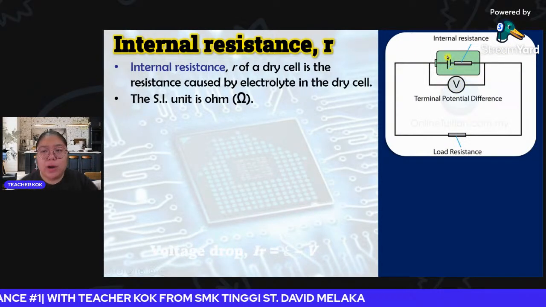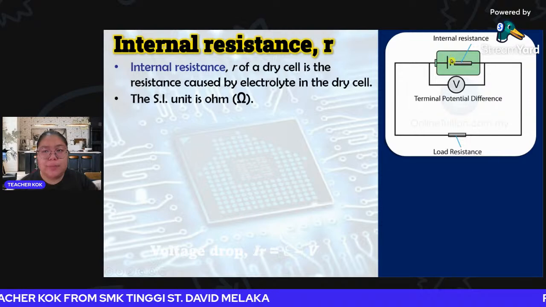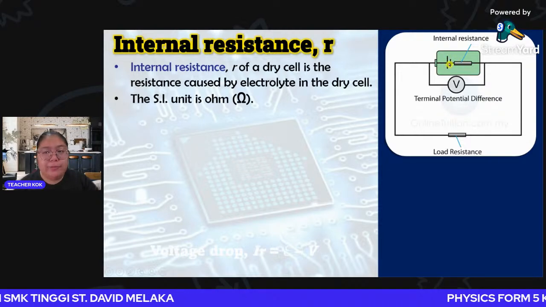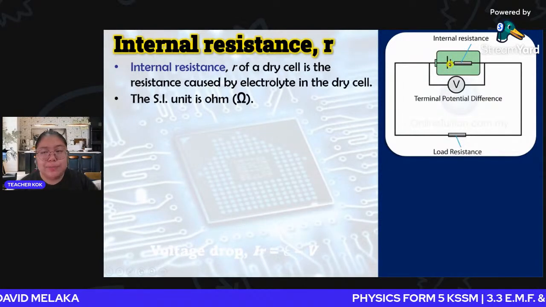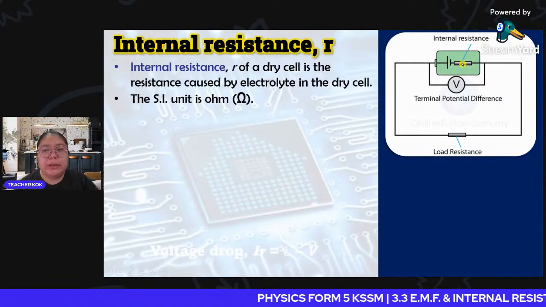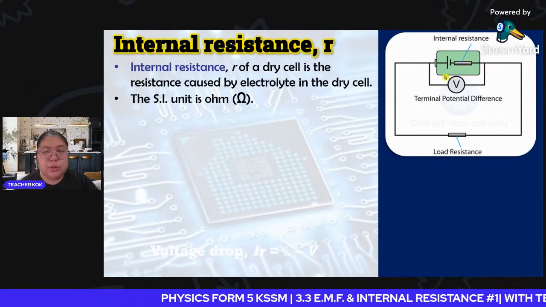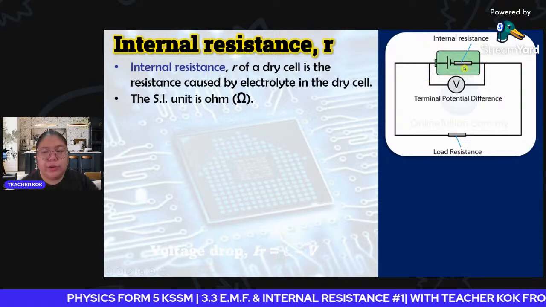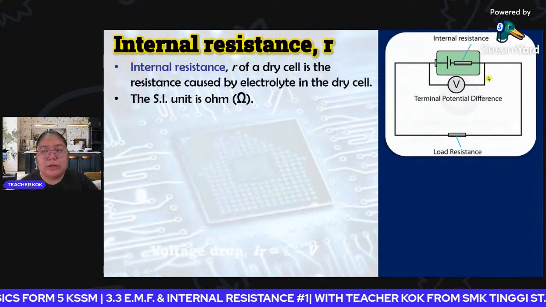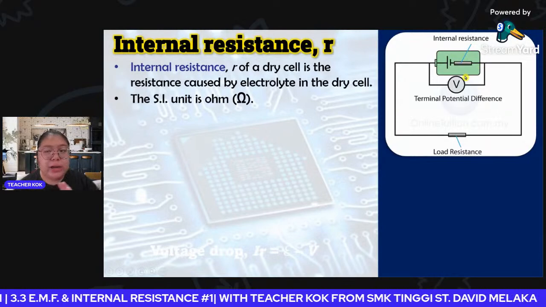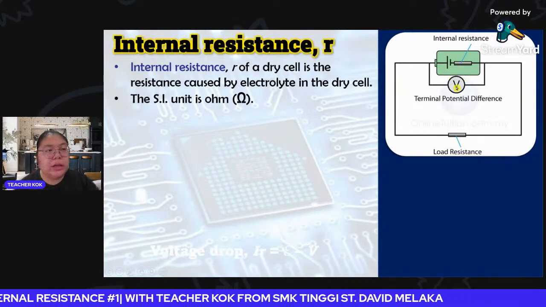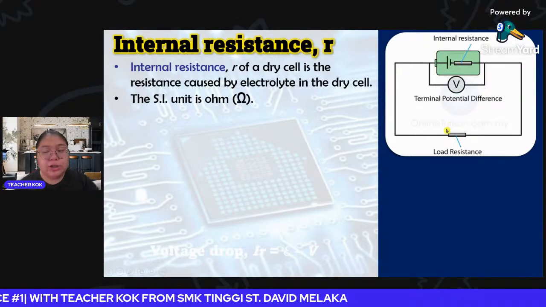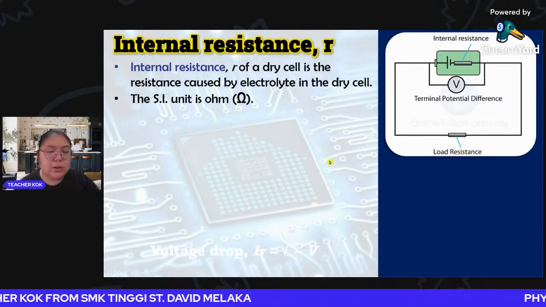Inside we got one switch. We got the battery, and this one is the EMF, the battery symbol. This one is the internal resistance. This one is the potential difference. This one is a voltmeter. It measures how much the EMF is. When I just close the circuit, that means now the V will show the potential difference of the load resistance.